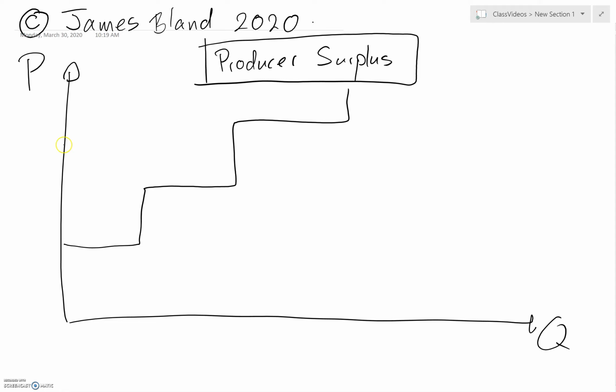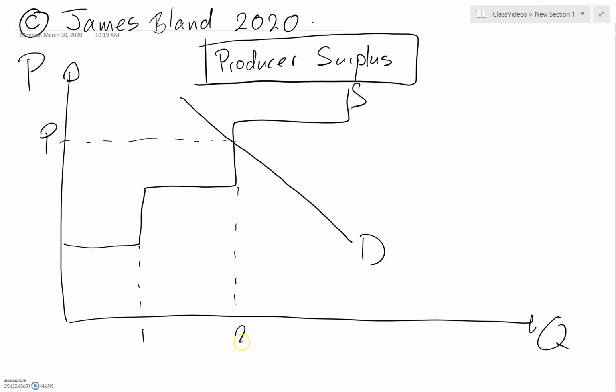We worked out that if we had a prevailing price here, maybe because there's a demand curve passing through the supply curve like this, then we can work out, if this is measured as a quantity of 1 and a quantity of 2, where each seller is selling 1 item, the individual producer surplus.